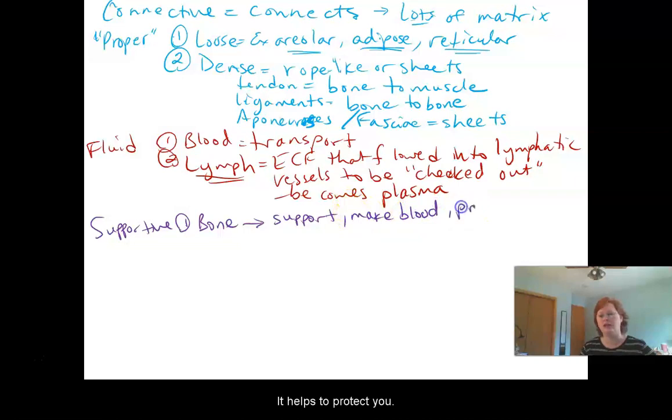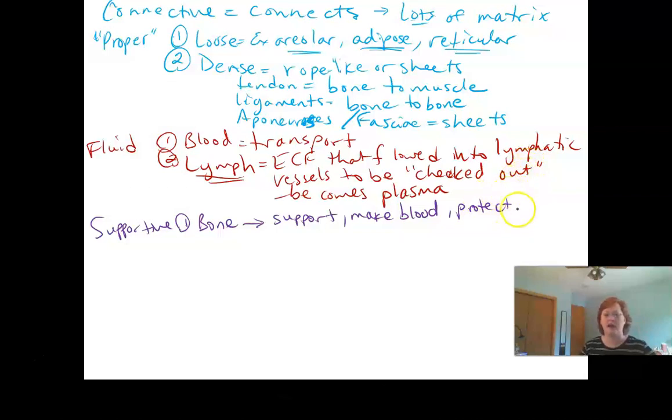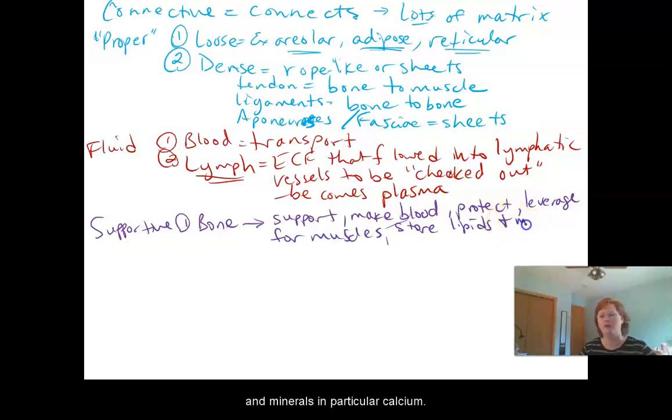It helps to protect you. In particular, your skull is a little too good at its job sometimes. It provides leverage for muscles. And it helps us to store lipids and minerals, in particular calcium.